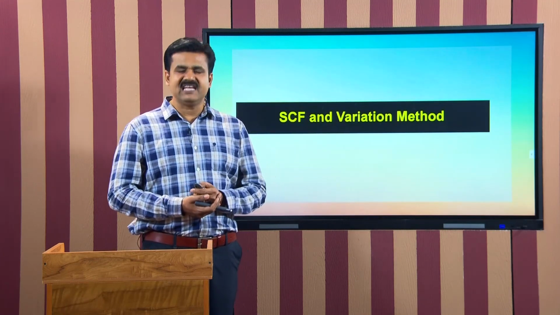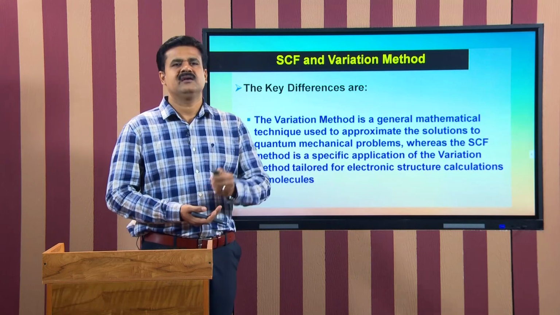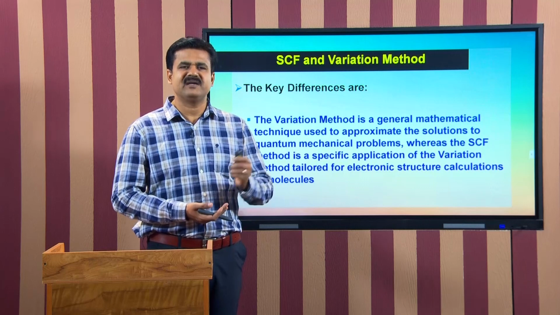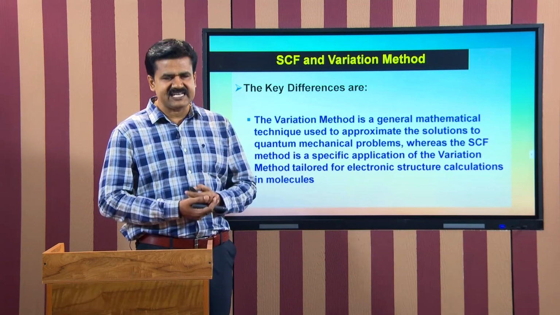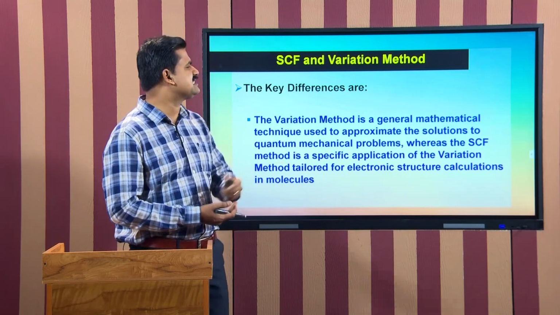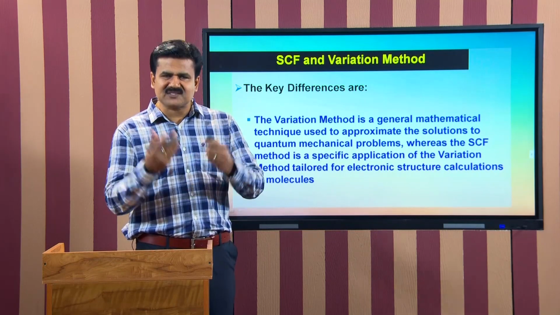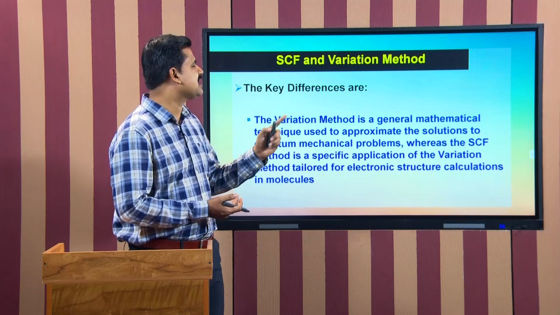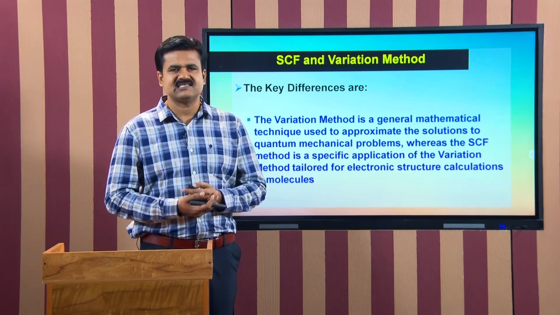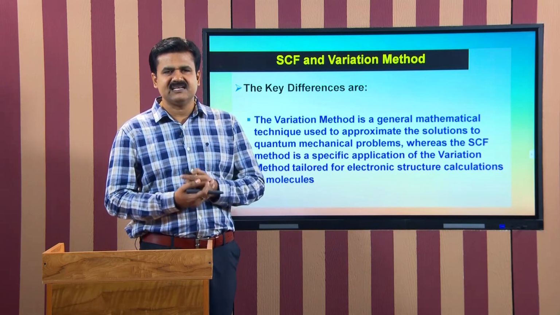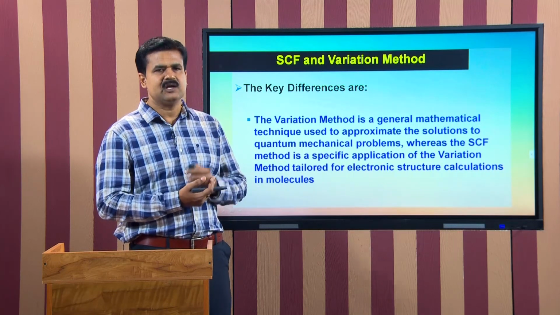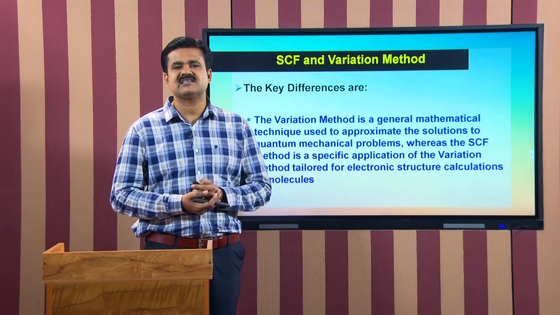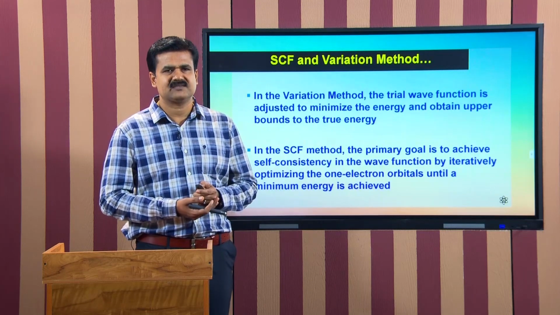SCF and variation method. The key differences between SCF and variation methods are described here for convenience. The variation method is a general mathematical technique used to approximate the solutions to quantum mechanical problems, whereas the SCF method is a specific application of the variation method tailored for electronic structure calculations in molecules.